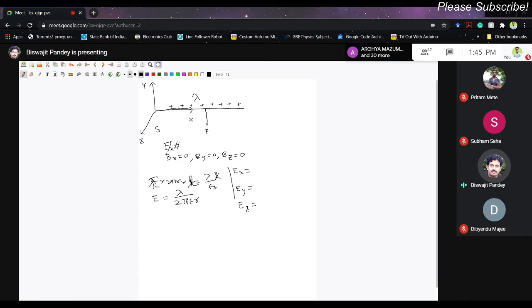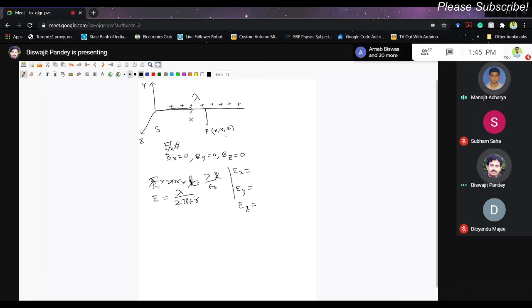What is the radial distance from the wire?